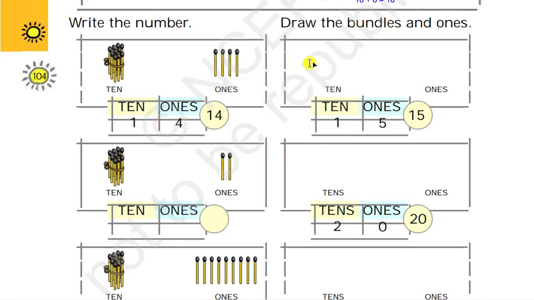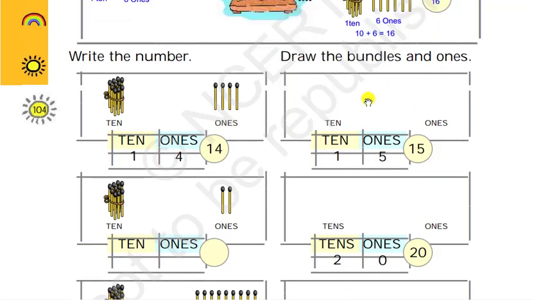Similarly here we have to draw the bundles and the number of loose matchsticks. Here tens is 1 and ones is 5, which means we have to draw one bundle of 10 and 5 loose matchsticks. So we need to draw first a bundle of 10 matchsticks. Let us draw. This is a bundle which contains 10 matchsticks, equal to a ten, and then we need to draw 5 loose matchsticks.